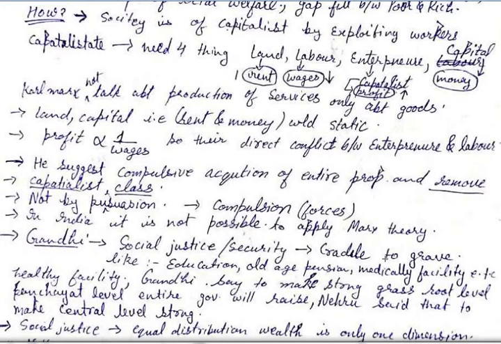In India, it is provided: cradle to grave security, at all ages. आपको बचपन में एजुकेशन की सिक्योरिटी, यंग होने पर नौकरी की सिक्योरिटी, ओल्ड होने पर ओल्ड एज की सिक्योरिटी, मेडिकल हेल्थ की सिक्योरिटी, all those things should be guaranteed at all levels of your life. That is the idea of socialism in India.